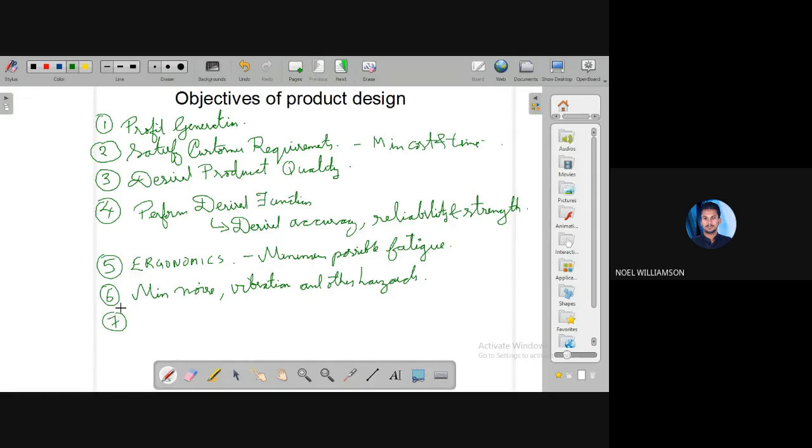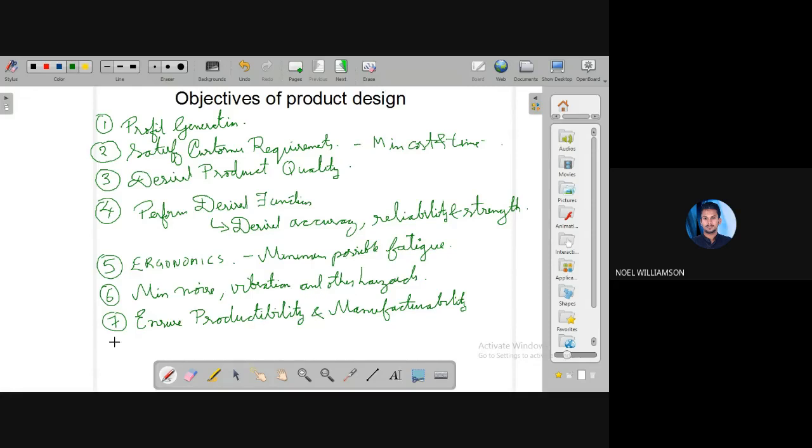Next, to ensure the productivity and manufacturability. So what is productivity and manufacturability? It is the ability to produce. That is productivity. Manufacturability means ability to manufacture.